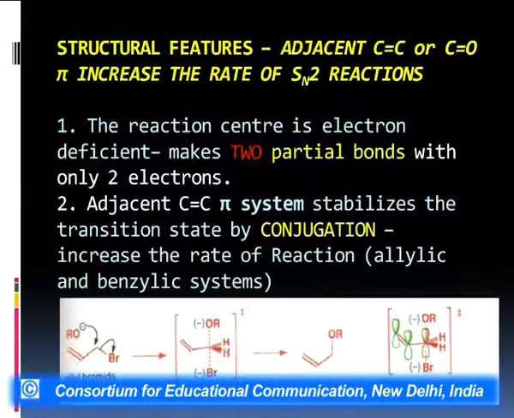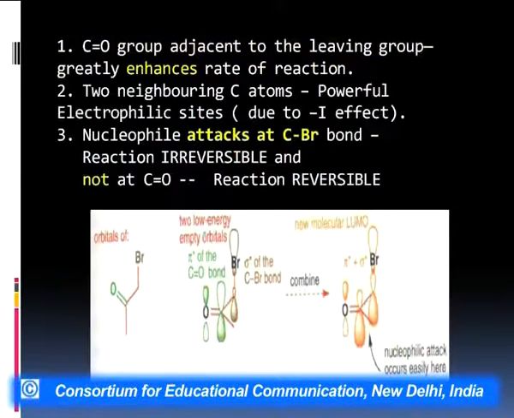These two electron withdrawing groups are decreasing the electron density at this carbon. So anything that will stabilize this transition state will help in the SN2 mechanism. Here the double bond will be delocalized, and since it is delocalized, it decreases the positive charge at the electrophilic carbon, and we get a transition state which is stable. The energy of activation will be less and the reaction will be feasible.